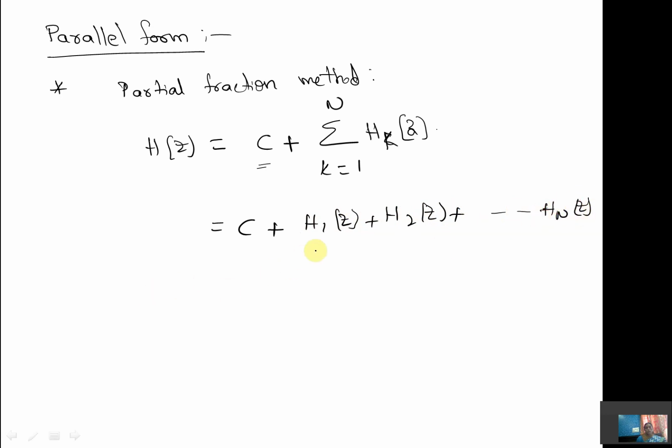Okay, like this. Here H1 of z and the others are nothing but single pole systems, otherwise first order systems, right? If any one of the system functions has complex values, then it must be in the second order form.